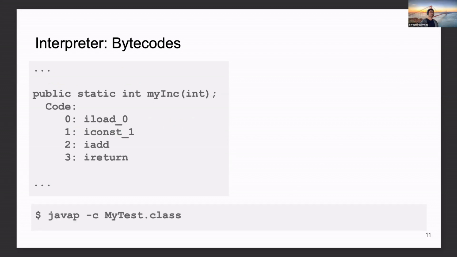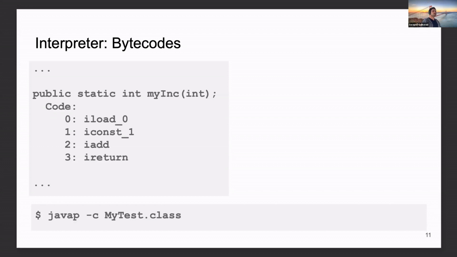You can see there are 4 bytecodes generated for myIncrement: iload_0, iconst_1, iadd, and ireturn. These are the only 4 bytecodes, and they add 1 to the argument.